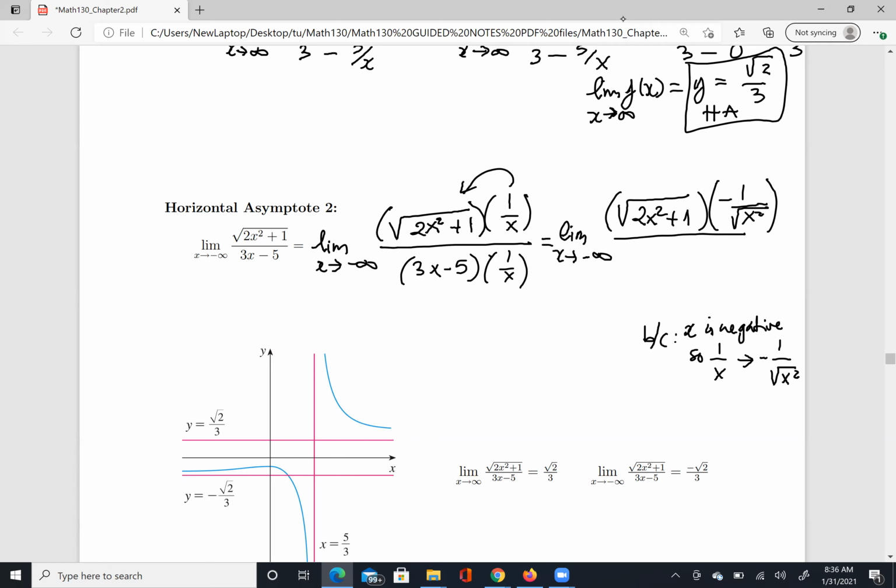Okay, so now the bottom still has 3x minus 5.